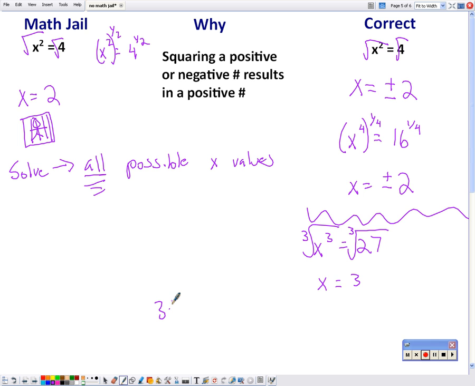If I do 3 times 3 times 3, I get 27. But if I do negative 3 times negative 3 times negative 3, I get negative 27. Even roots, even fractional exponents, you must put a plus or minus in front of your answer.